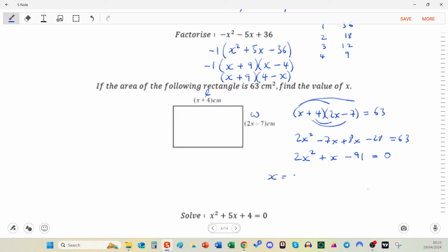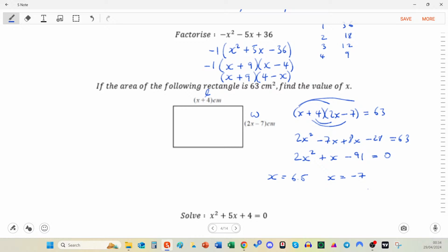So the first solution is 6.5. The other solution is -7. Okay, now we're going to have to evaluate which one is correct. All quadratics give you two answers, and one of them will work, one of them doesn't. So let's have a check, see if one of them makes sense.